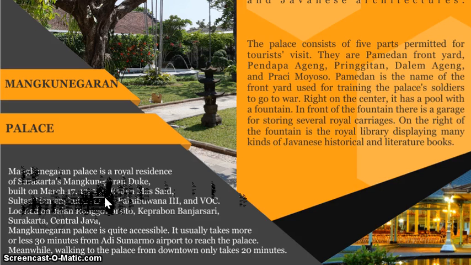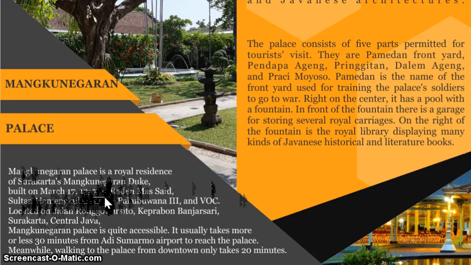Or if you think you need to mention who built the palace, then you can continue with this information about Raden Masaid, Hamengkubuwono, and so on and so forth. But again, that will leave the readers questioning, who are they? Right? Okay.